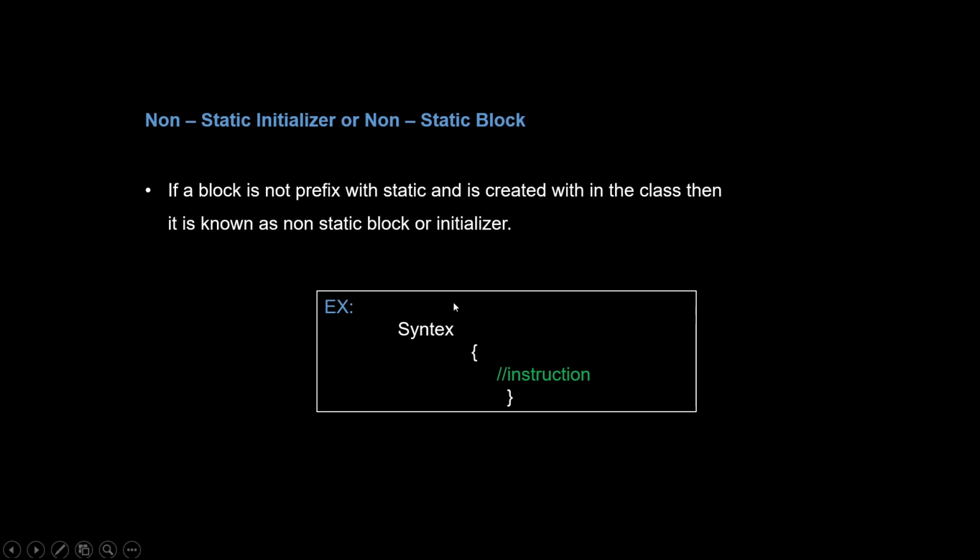Here we have an example of the syntax: a block, and inside the block we have instructions. Instructions mean whatever the block does. As you can see, this block is not annotated as static, meaning the static keyword is not written. That is why it is considered a non-static initializer or non-static block.